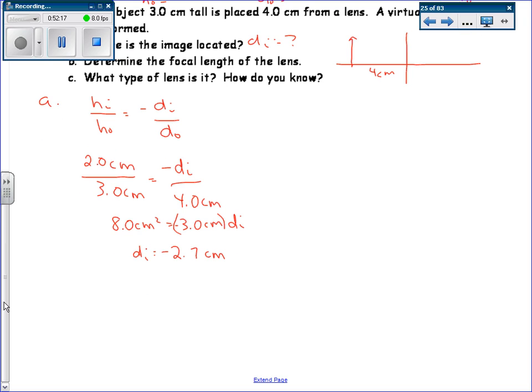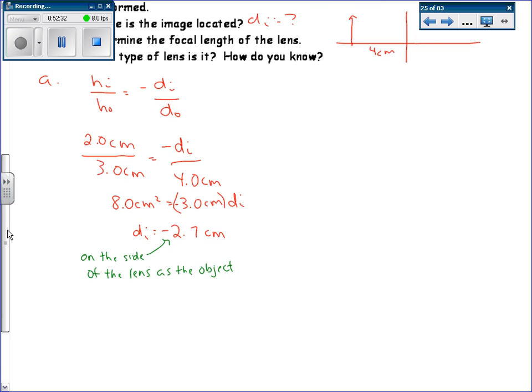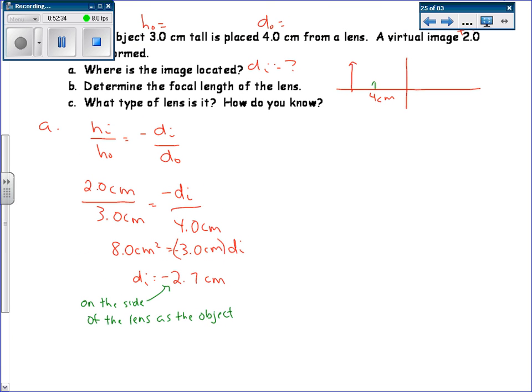And the image distance being negative means it's on the same side of the lens as the object. So that would mean it's in here somewhere, right? Like that. That would be the image, the object, or something like that.